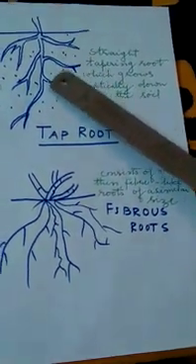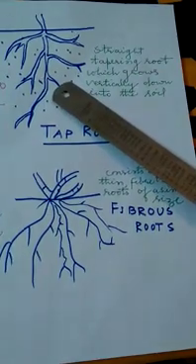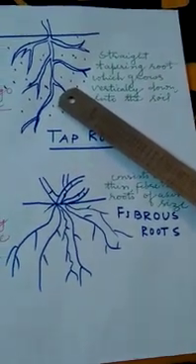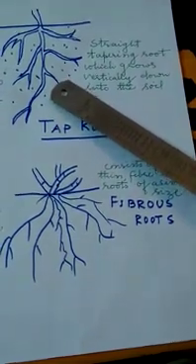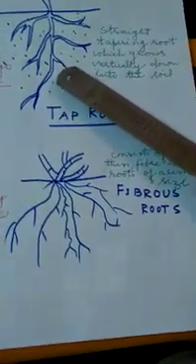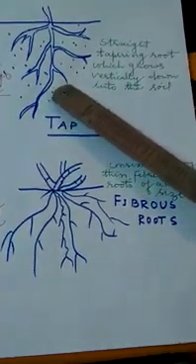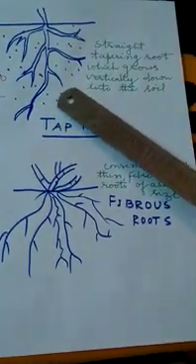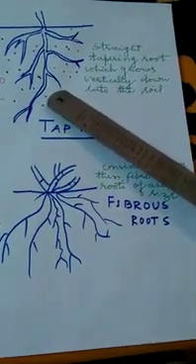And one thing is most important, because in Standard 5, you studied about dicot and monocot. Monocot seeds have one cotyledon inside the seed and dicotyledons have two cotyledons in their seeds.